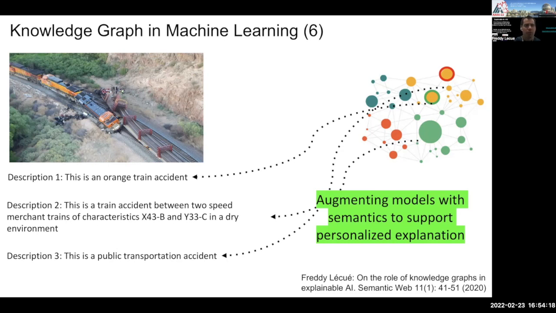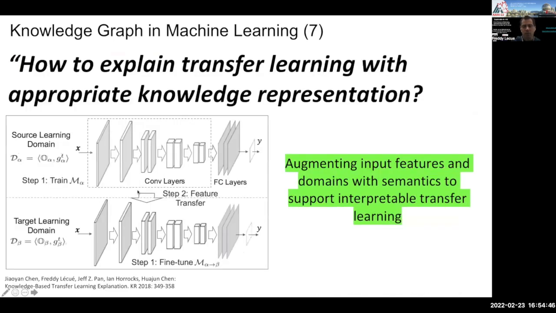But if I'm a user who has no idea about what the train types are, I just need a simple description of what the image is, and that's good enough. So again, that's something to be considered. Depending on the level of the analysis that you're doing, you might need a particular explanation and need to customize it.